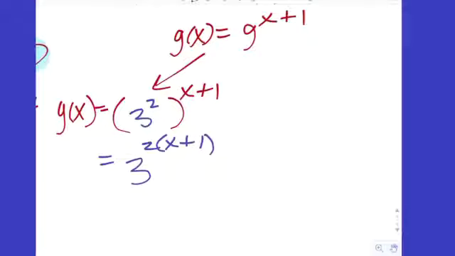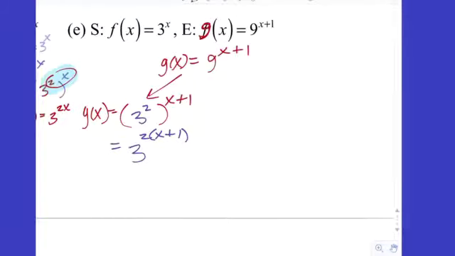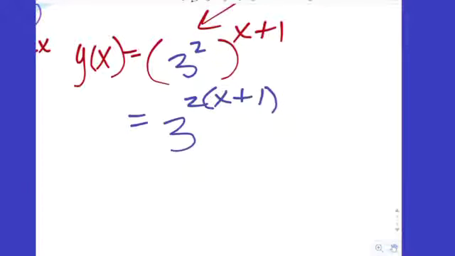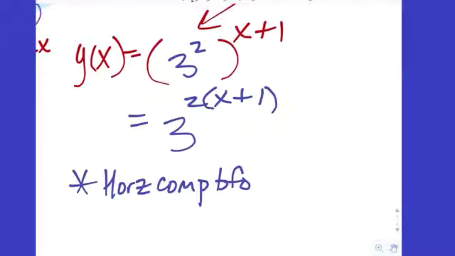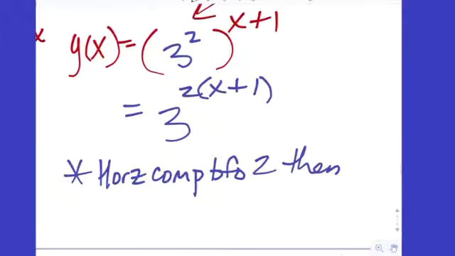If you want to distribute and call it 2x plus 2, that's fine, but leaving it like this keeps it in standard transformation form. So the first way to do it is to take your graph of 3 to the x, and what would the 2 do? Horizontal compression by a factor of 2, then, the sequential word then, followed by left 1 unit.